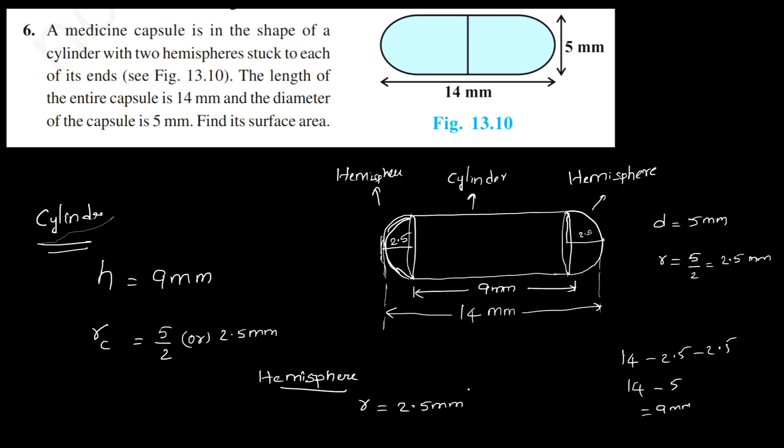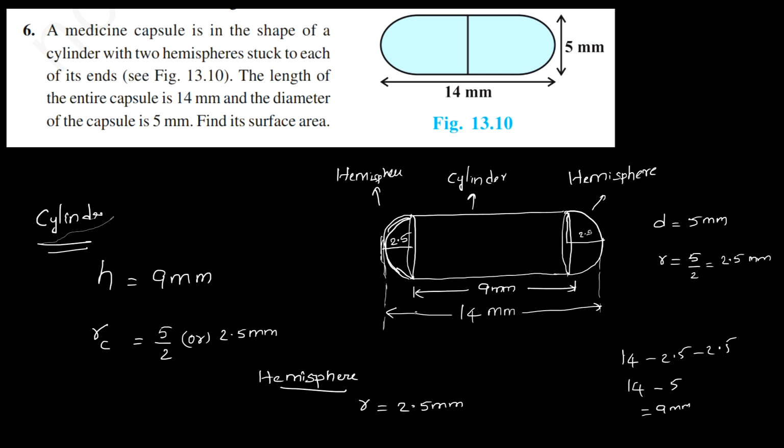Now here we have to find surface area of the whole medicine capsule. In the question it was not mentioned that to find total surface area or curved surface area, but surface area means we have to find the surface area which can be touched. I'm not telling you have to use TSA, or I'm not telling you have to use CSA, but you should be knowing that which formula should be used spontaneously.